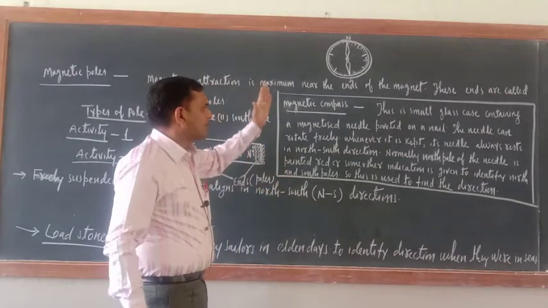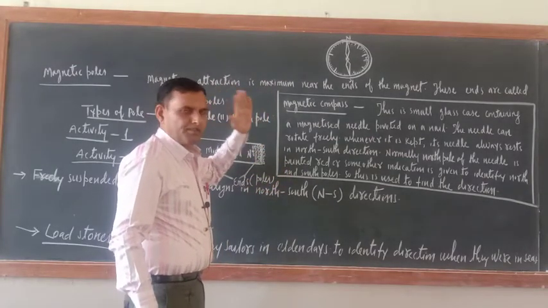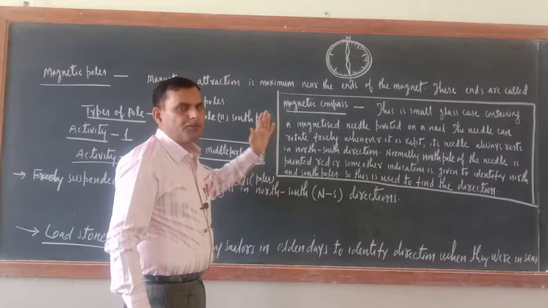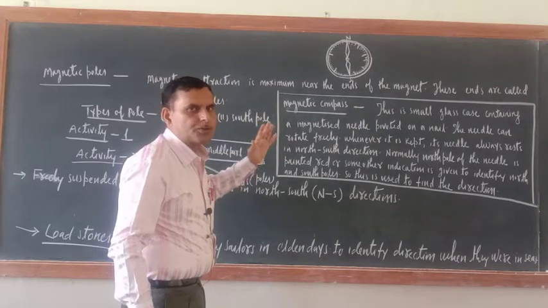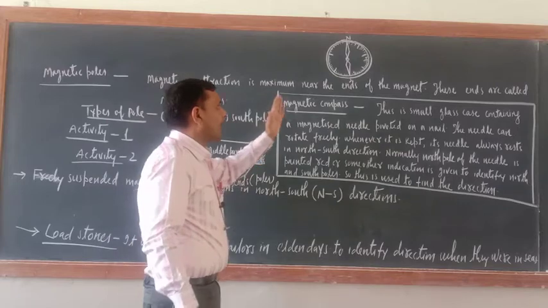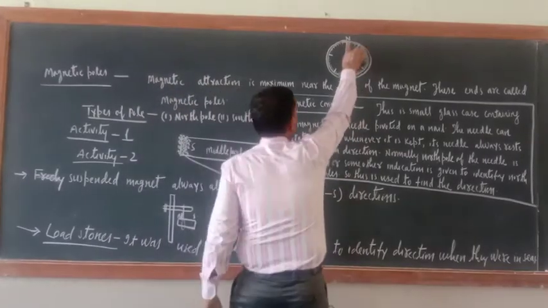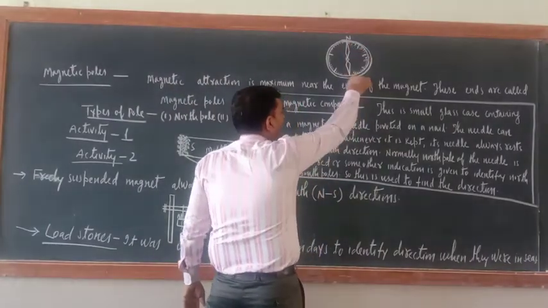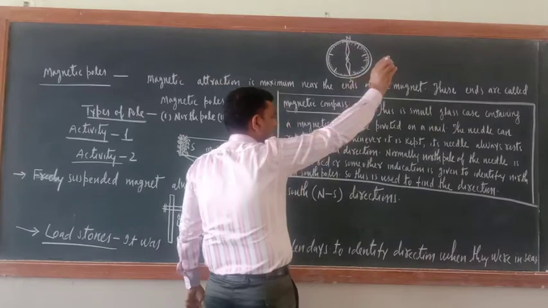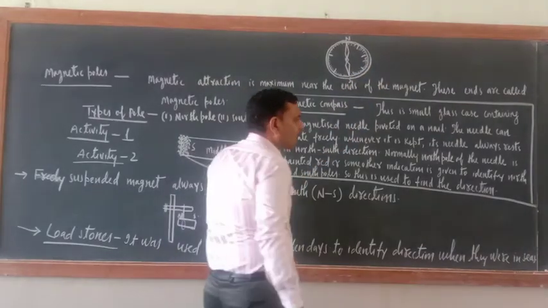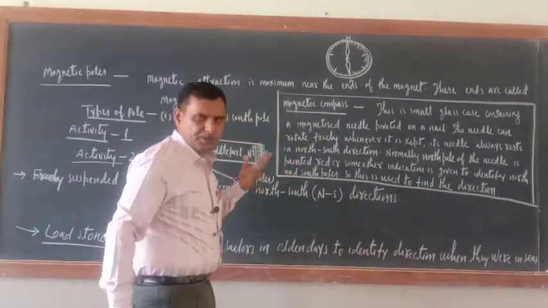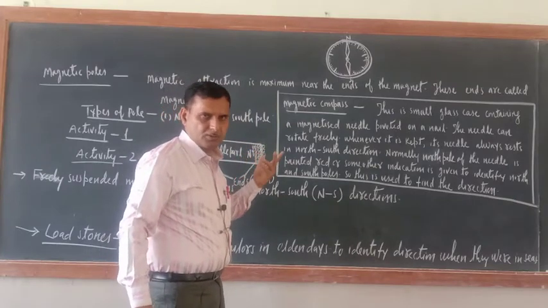So what is the use of this magnetic compass? The magnetic compass is used to find the direction. Normally the north pole is painted red and the south pole is painted another color, or some other indication can also be given to find out north and south.